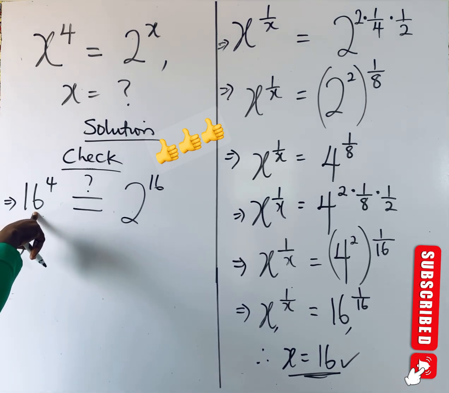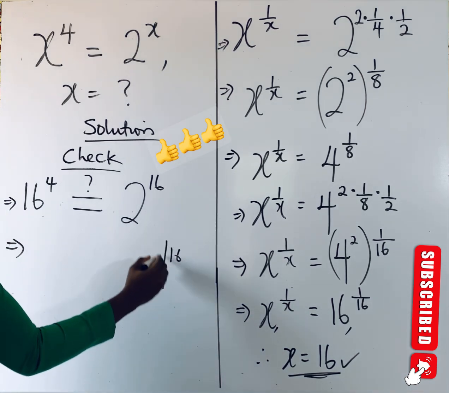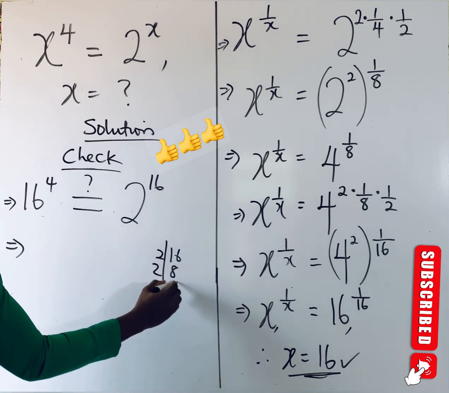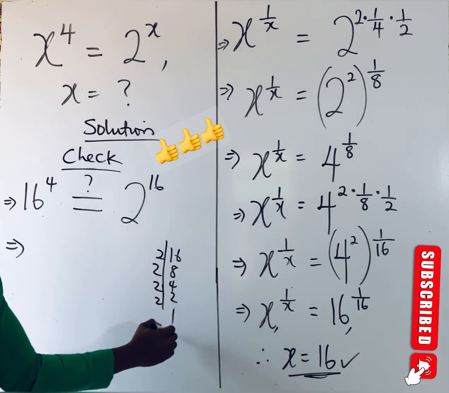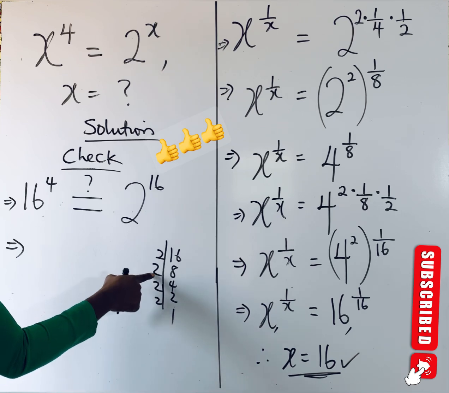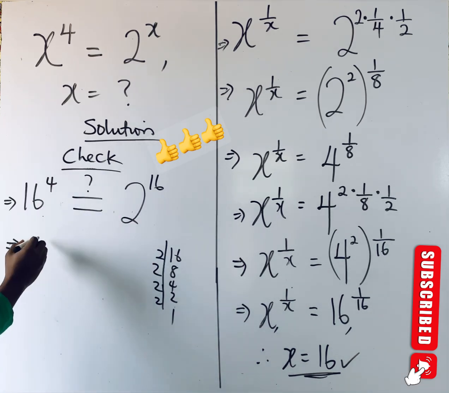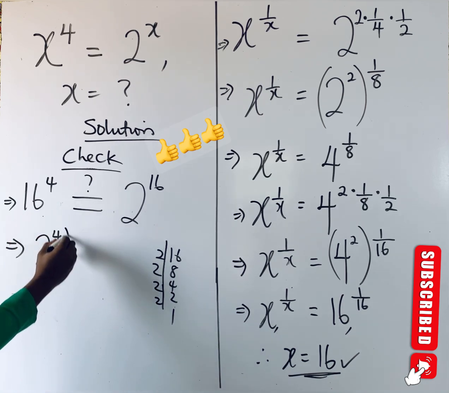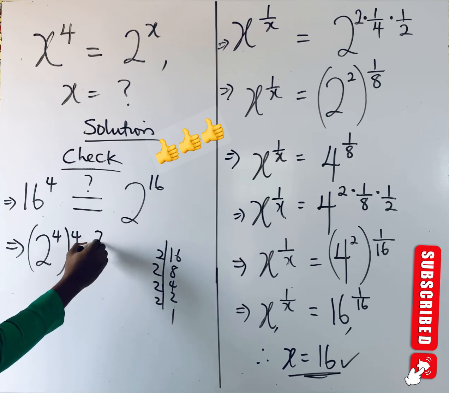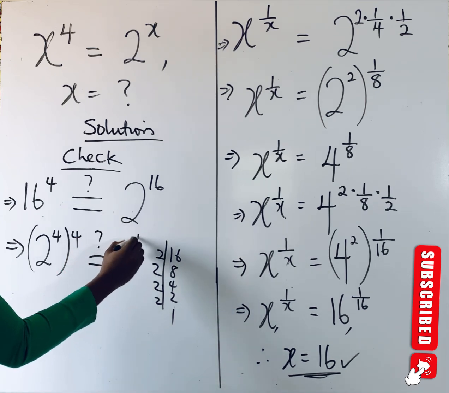Remember that 16 divided by 2 is 8, 2 is 4, 2 is 2, 2 is 1. So 16 is 2 raised to the power of 4. So we have 2 to the power of 4 for 16, then raised to the power of this 4. Is it the same thing as 2 raised to the power of 16?